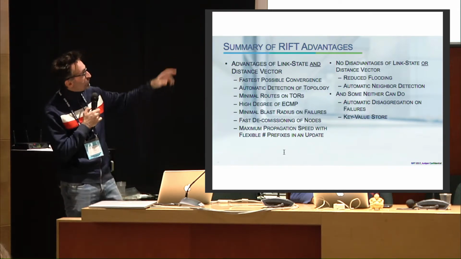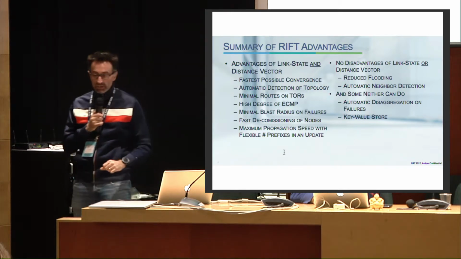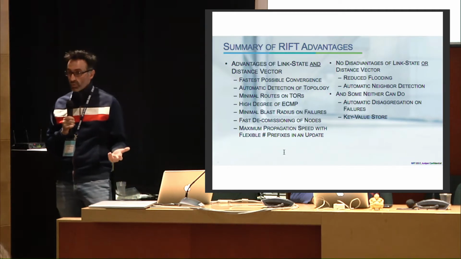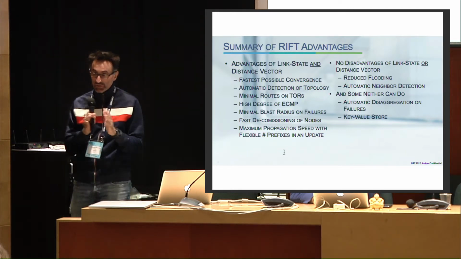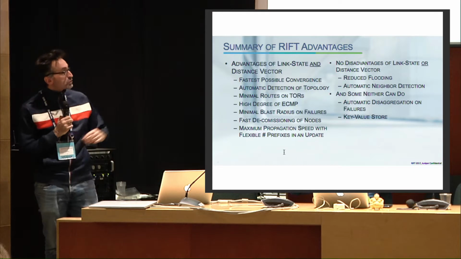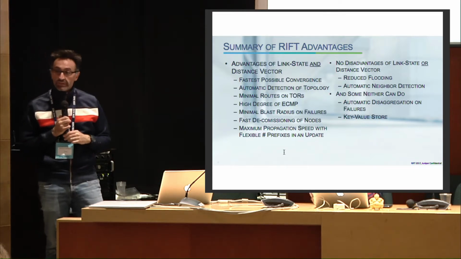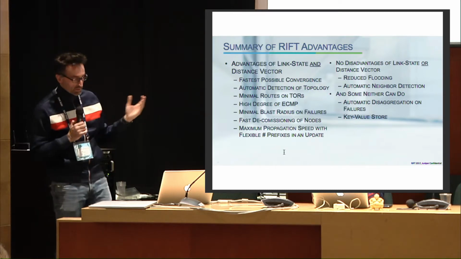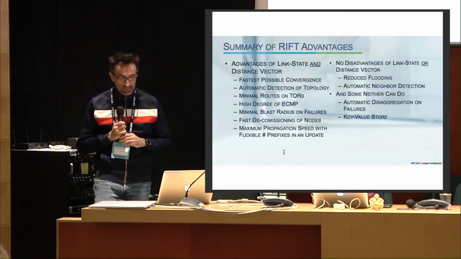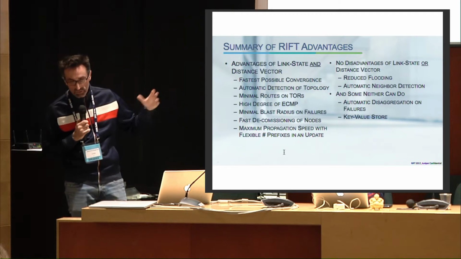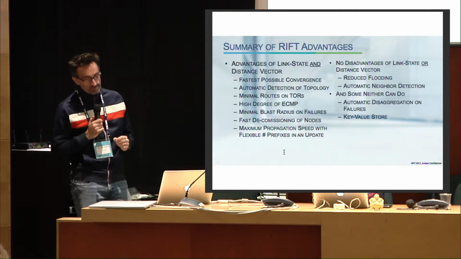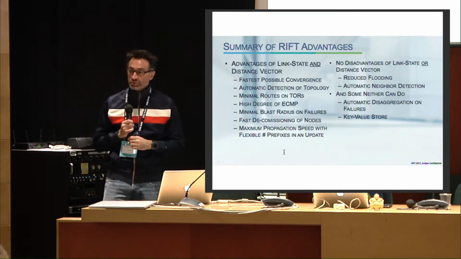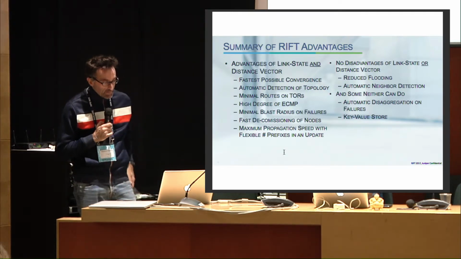We also fixed some disadvantages of link state or distance vector. For instance, we optimized the flooding with the hashing feature. And also we have the automatic neighbor detection and the miscabling feature. Automatic neighbor detection is not addressed by BGP. Cabling misconfiguration is not addressed by either.